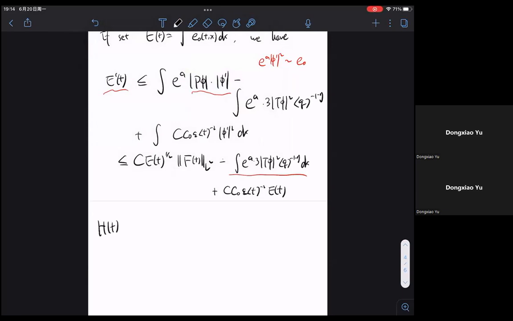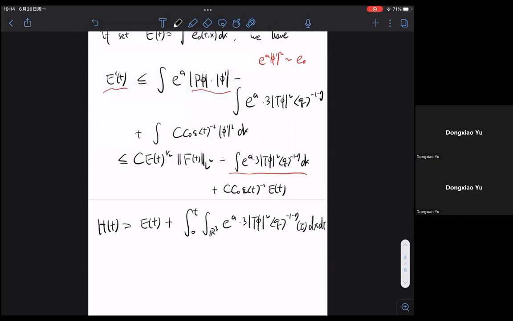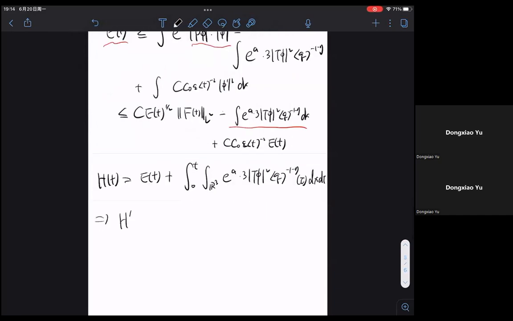We now set a new function, h of t equals E of t plus the integral from 0 to t of e to the a's power times 3 t phi square q minus 1 minus eta, all these things taken at time tau, dx d tau. Then I have shown that h prime is less than or equal to c h to the 1 over 2 times the L2 norm of f of t, plus c0 epsilon t to the negative 2's power h.